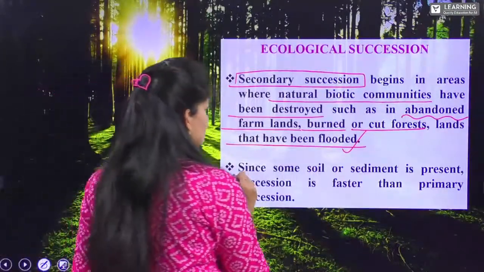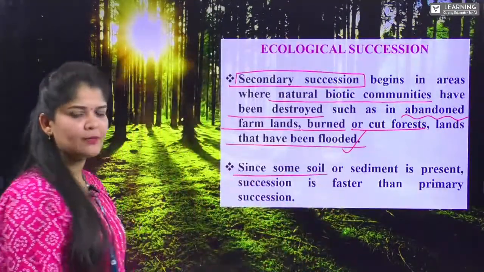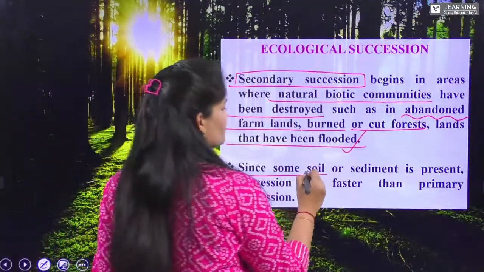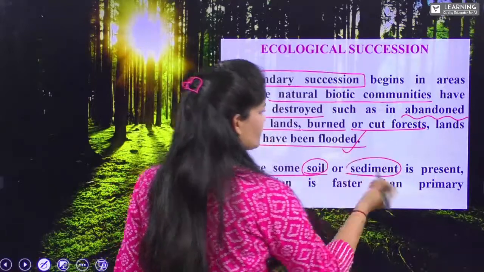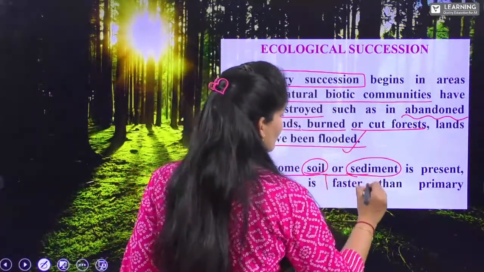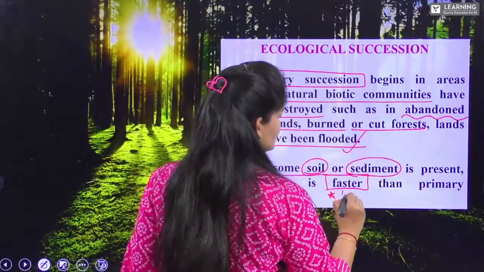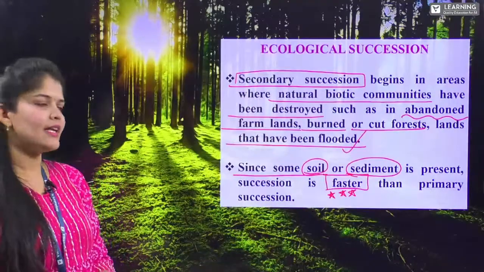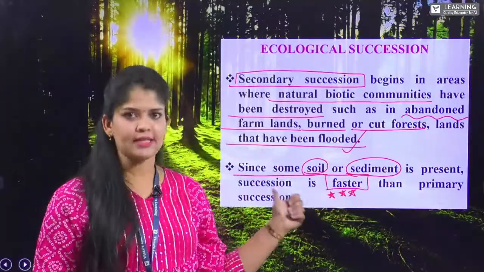All these areas are examples of secondary succession. In such areas, there is an existence of soil. Since some soil or sediment is present, succession is faster. This is the point you have to remember. This is very, very important. Secondary succession is always faster than primary succession.